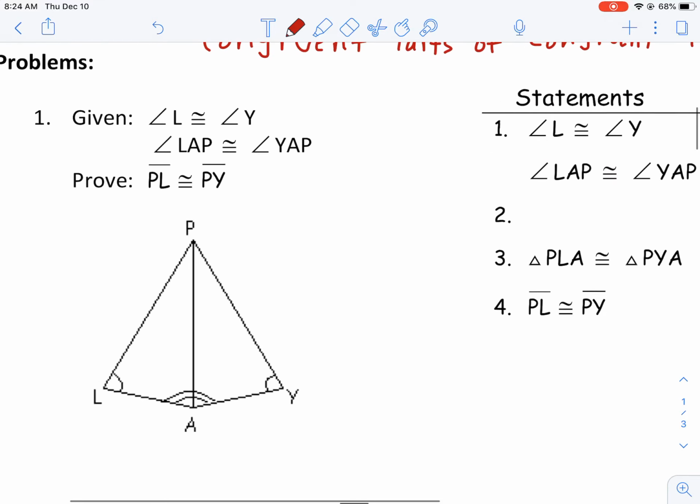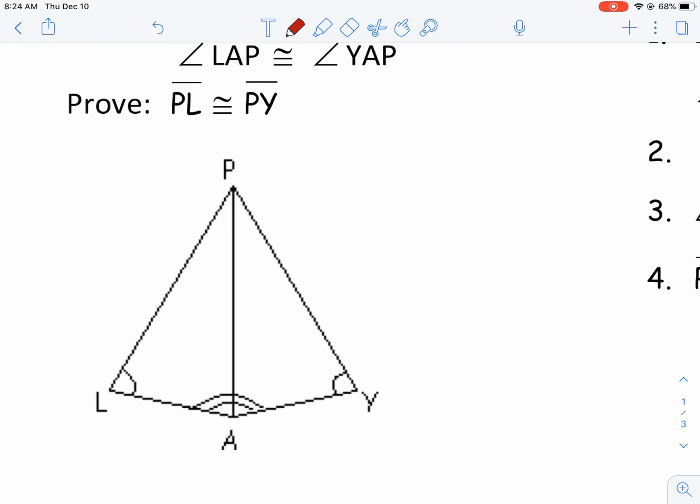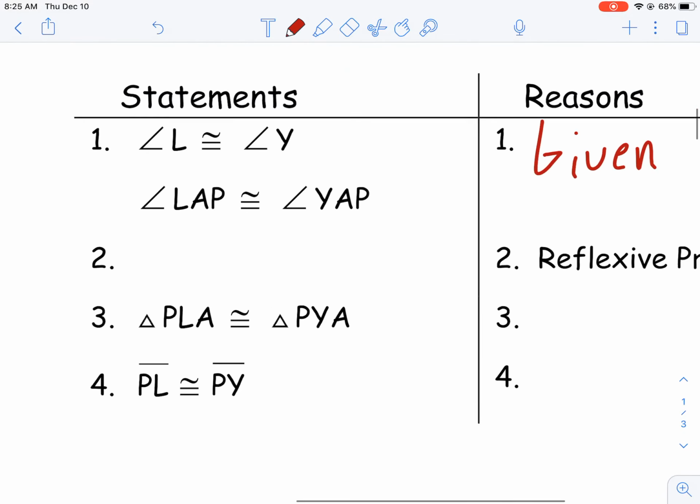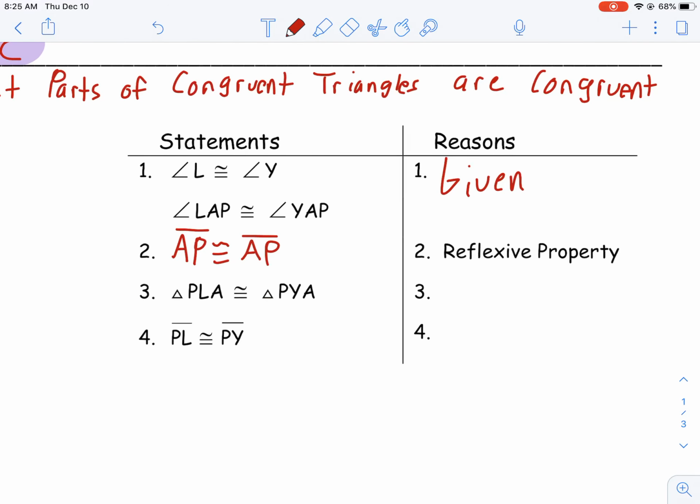Now, what else do we know? Well, the triangles are stacked up against each other, which means they share a side. So we know that AP is going to be congruent to AP, and that's the reflexive property. Now we have our 3 things.